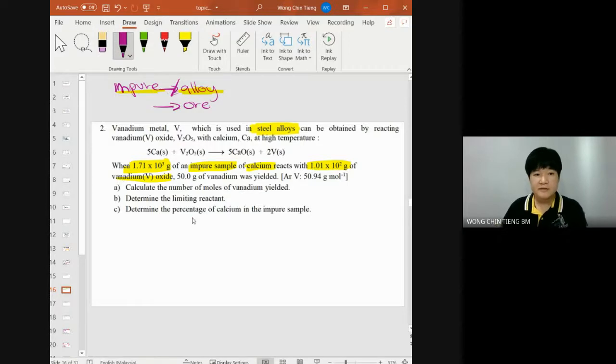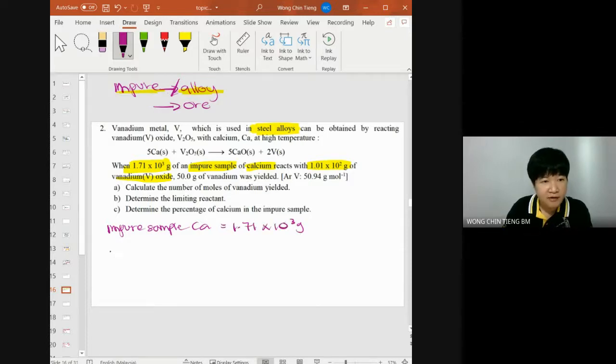So guys, teacher keluarkan dulu I have impure sample of calcium, which is 1.71 times 10 to the power of 3 gram. I have vanadium oxide V2O5 mass 1.01 times 10 to the power of 2 gram.